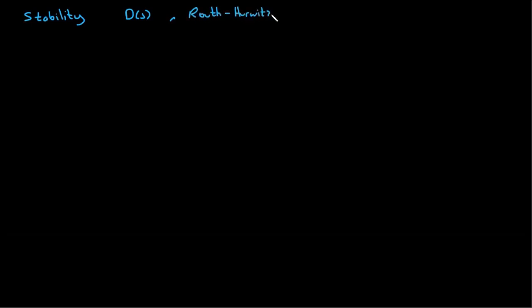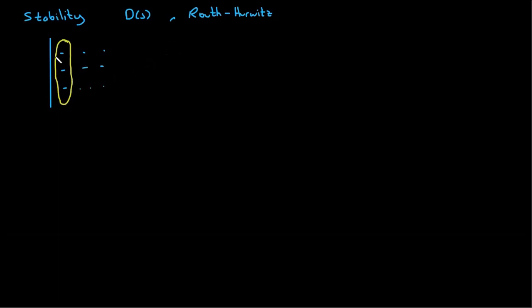In that method, you just construct a Routh array. We have to construct that, and then we investigate the first column of that array and decide on the stability of the system.